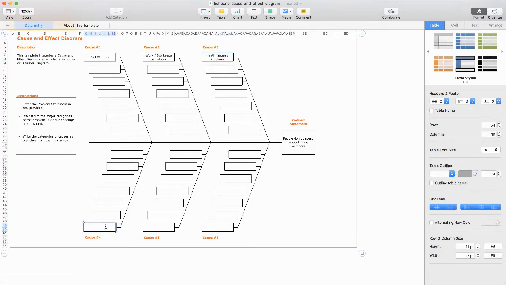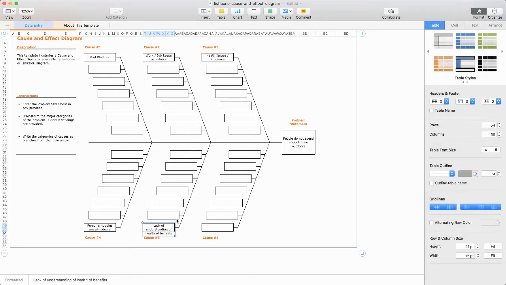Cause four could be a person's natural preferences, or maybe a person's hobbies are all indoors.